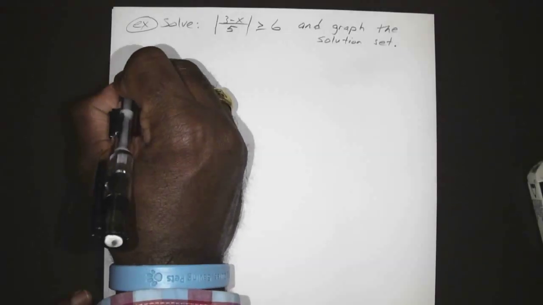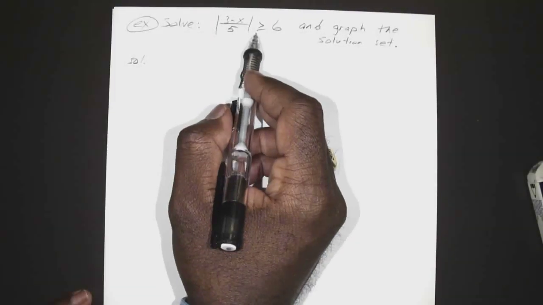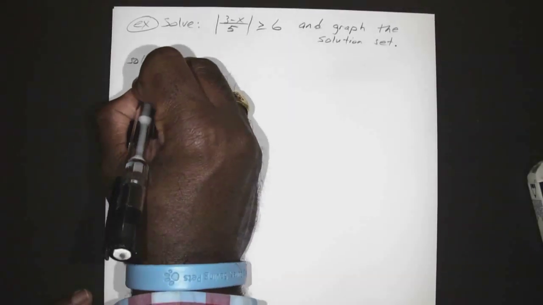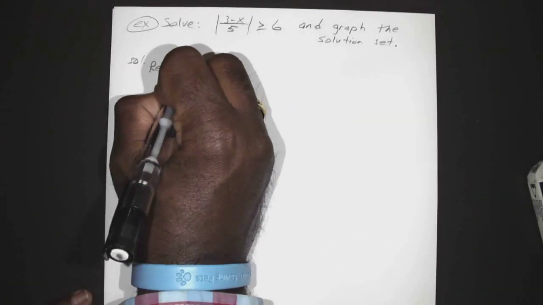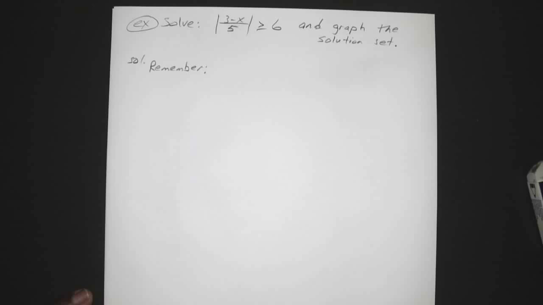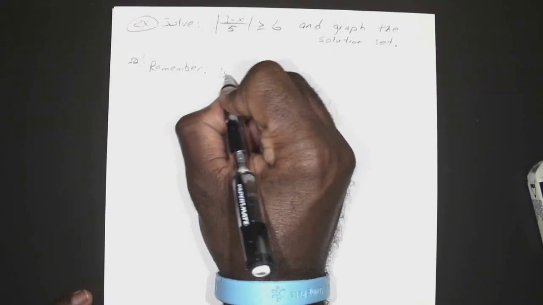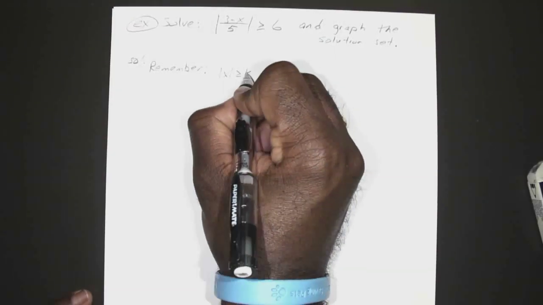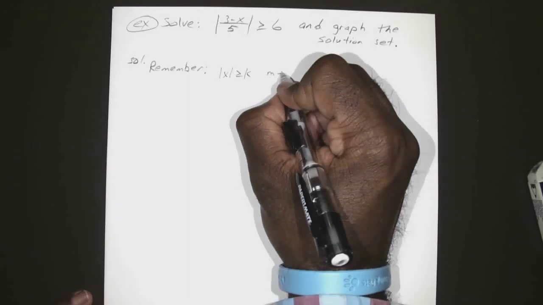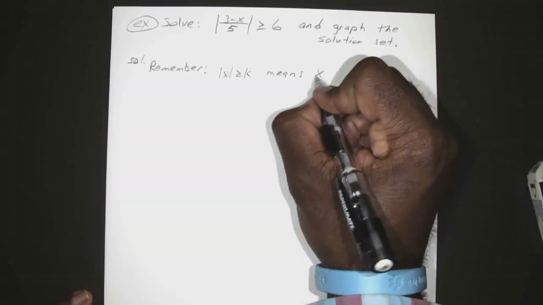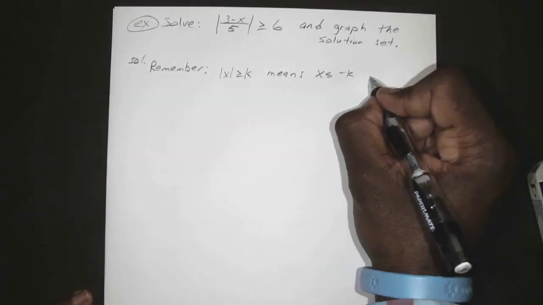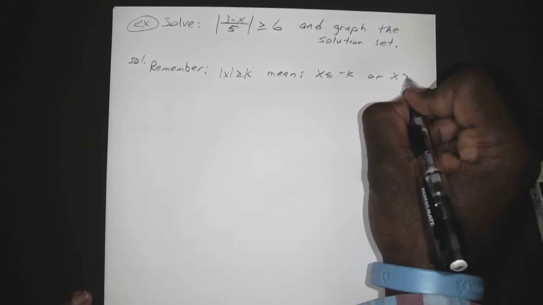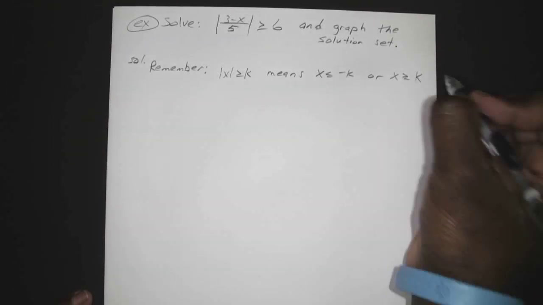Okay, so we see we have our greater than. So we just want to remember that the absolute value of x is greater than or equal to k just means that x is less than or equal to negative k, or x is greater than or equal to k.